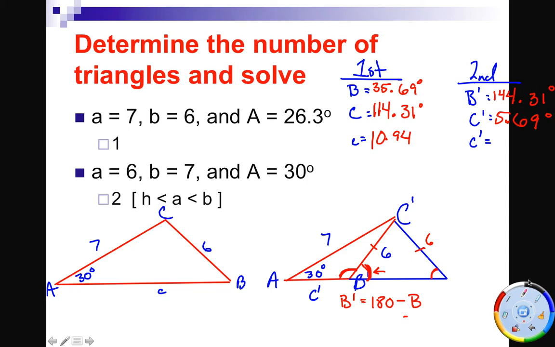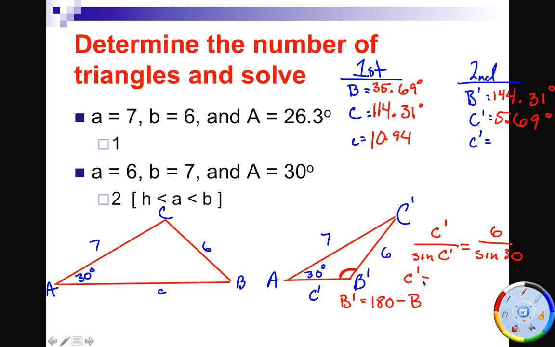Now I need to use the law of sines. So if I eliminate the rest of this picture that wasn't actually there, and figure out finding C prime. C prime over the sine of C prime is equal to 6 over the sine of 30. I'm trying to use as many of the numbers that were already given to me, by the way.